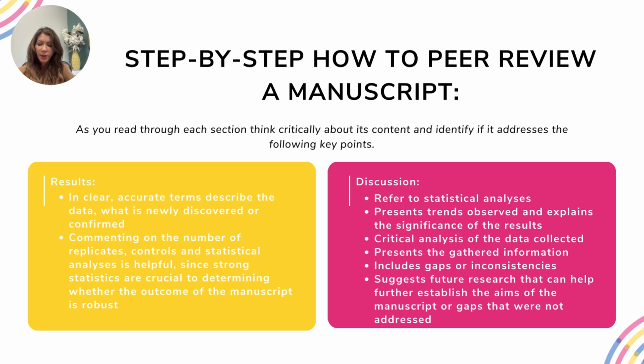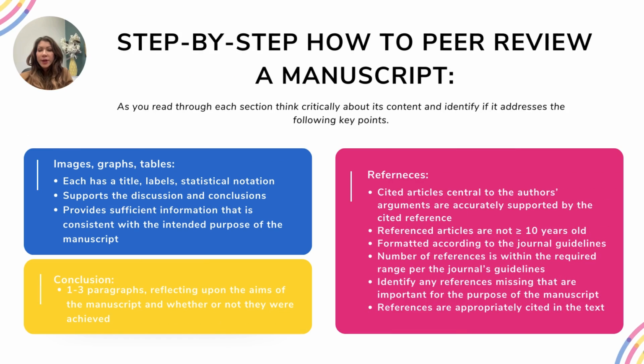That is so important. All the research we create, every manuscript that we write, should stem into more learning, more teaching. So make sure that's addressed here. When you're assessing whether or not the images, graphs, or tables are appropriate for the manuscript, it must support the discussion and the conclusions.